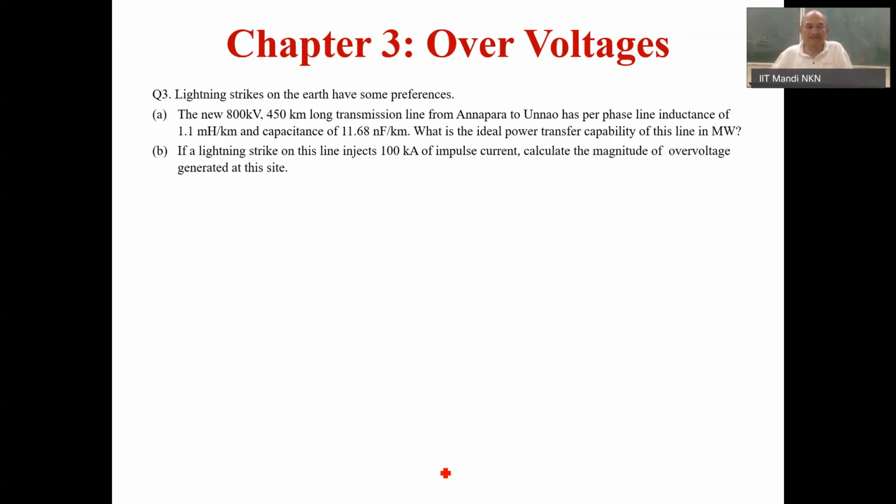Up to 30 kiloamperes is very common, up to 10 kiloamperes is still more common magnitude of current injected by any lightning strike. So in this case we have taken a current injected of the order of 100 kiloampere. Obviously, it is an impulse current. The current injected by the lightning is an impulse current, not power frequency current, mind it. 100 kiloamperes of impulse current.